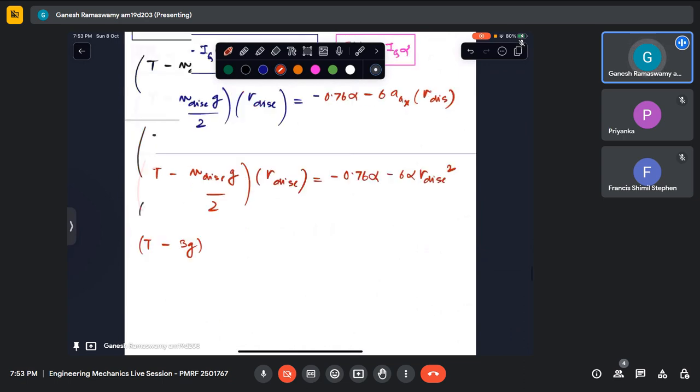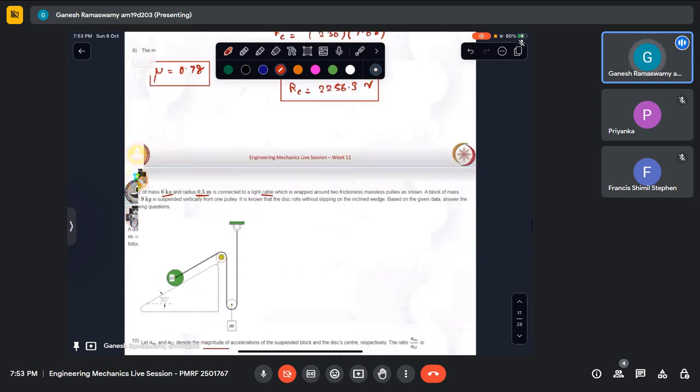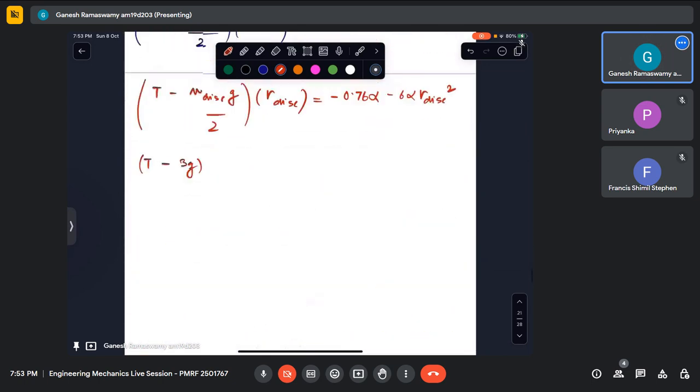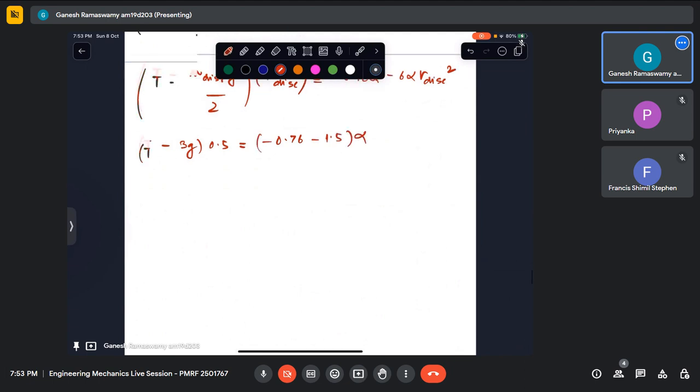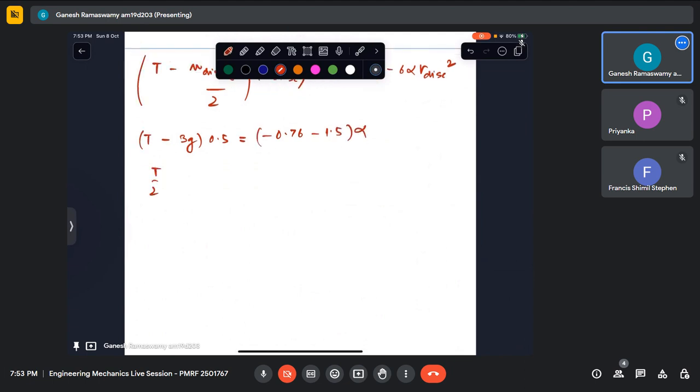We just saw it was 0.5, equals minus 0.76 minus 0.5, 0.25, so 6 by 4. So this gives us one equation.